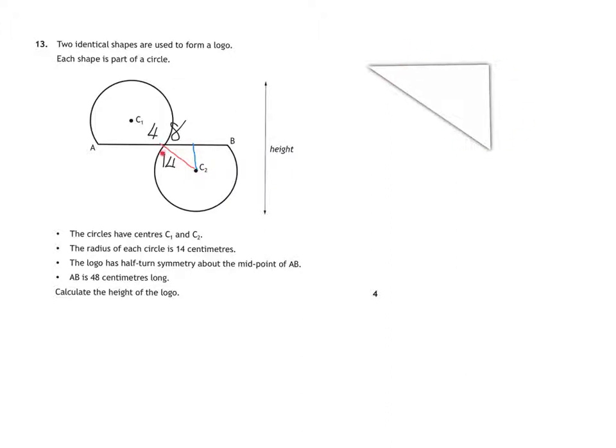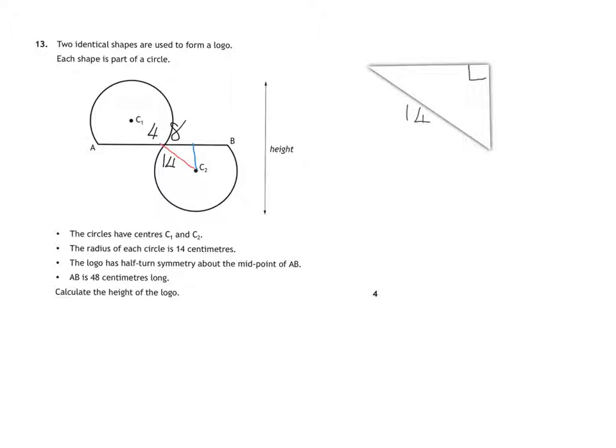So this bit here is 14. Let's put that in. So we've got 14 there. There's my right angle. Okay, so the next bit, we're told we know what this length is here.